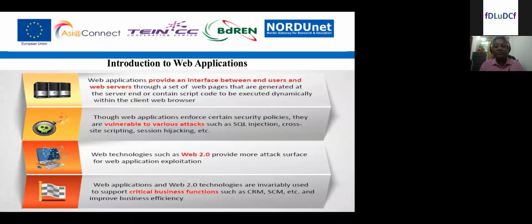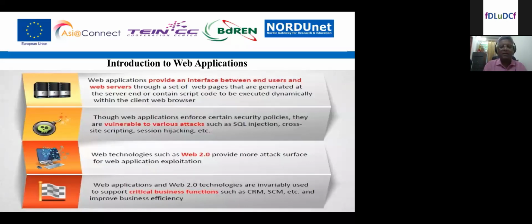And now, what is a web application and how do they do it? The web application is actually the interface between the web server and the end user. This is known as a web application. But what do the attackers do?